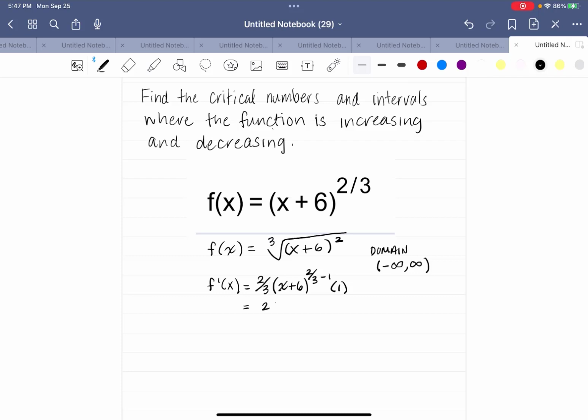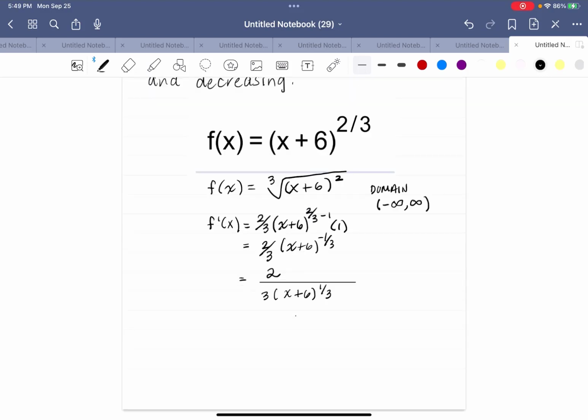So this is going to be 2/3 times (x plus 6) to the negative 1/3. So that's going to be a 2 on top and a 3 times (x plus 6) to the 1/3 in the denominator.